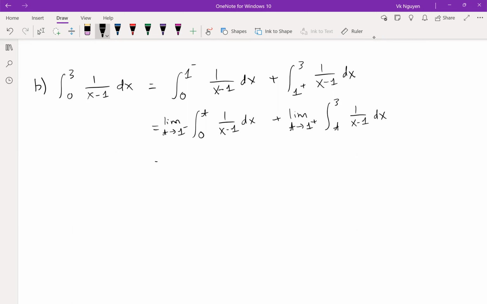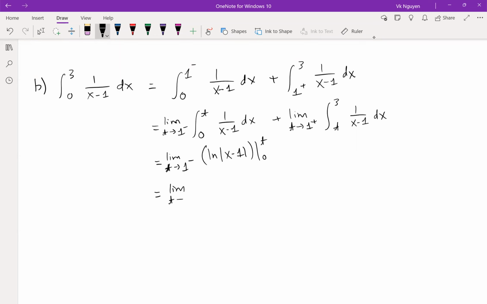Okay, so let's focus on the left side. Limit t goes to 1 on the left side. The antiderivative of 1 over x minus 1 is ln absolute value of x minus 1. Evaluate this from 0 to t.